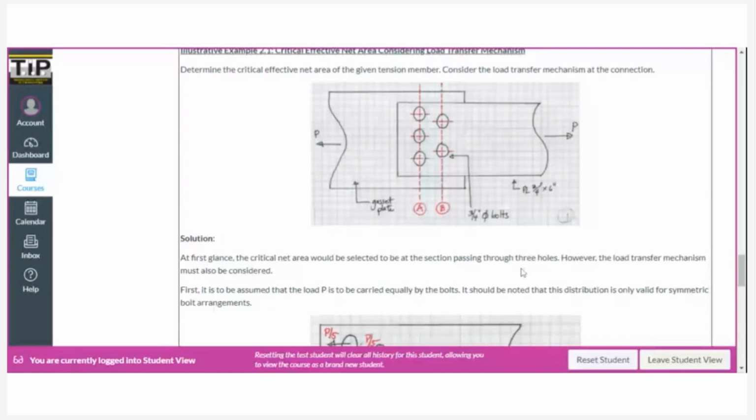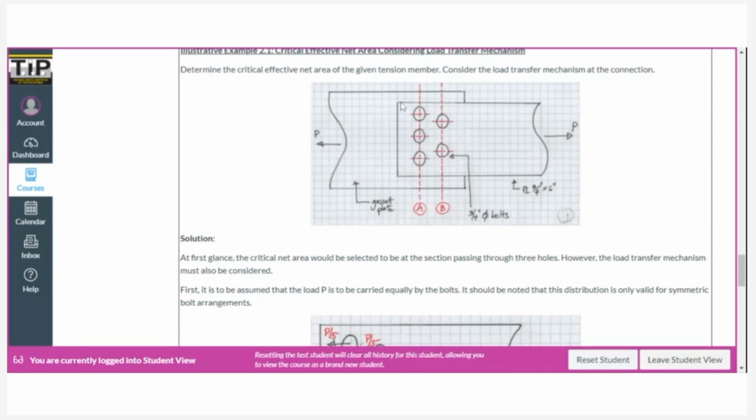Okay, so first, although the drawing is not to scale, since this is a plate, when we say PL 3/4 inch by 6 inch, the thickness of the plate is 3/4 inch, and the width of the plate is just 6 inch.